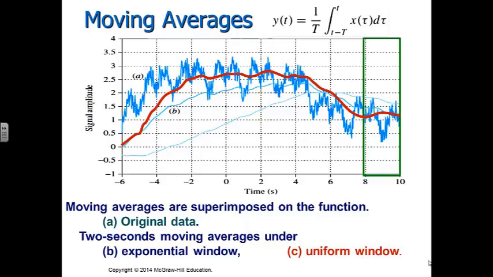Notice in the one here, by creating a uniform windowed average, we end up with a much smoother function. It's not as jaggedy, not as quickly changing as our original data, but also gives us kind of the trend of the data without all the noise.